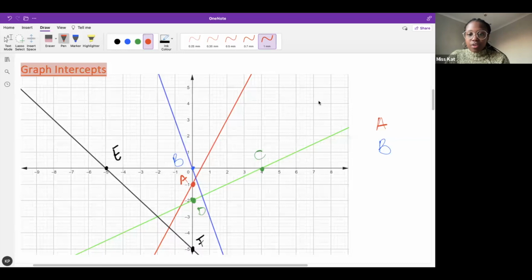What are my coordinates for A? Remember, I'm expecting an X value, semicolon, and a Y value. That's what I'm expecting. Okay, so Mtanda says 0 and -1.